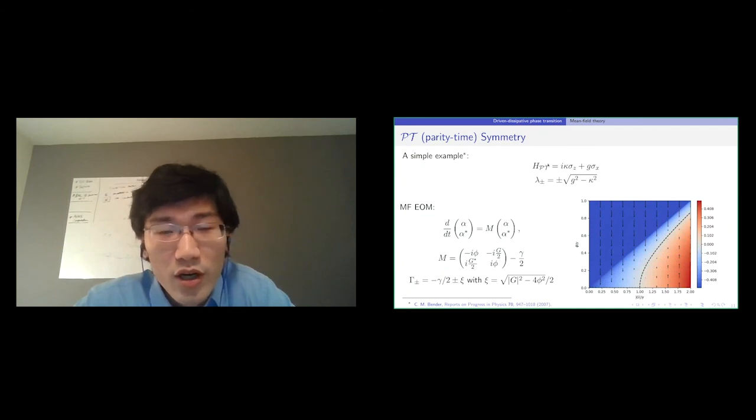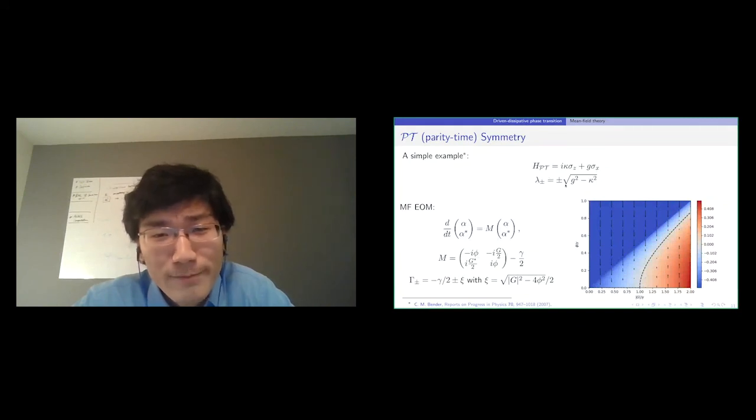For example, you can write down a non-Hermitian matrix. Here, sigma z and sigma x are Pauli matrices. You can see that there's an imaginary factor that makes this Hamiltonian non-Hermitian. But even though this Hamiltonian is non-Hermitian, it can have real eigenvalues.